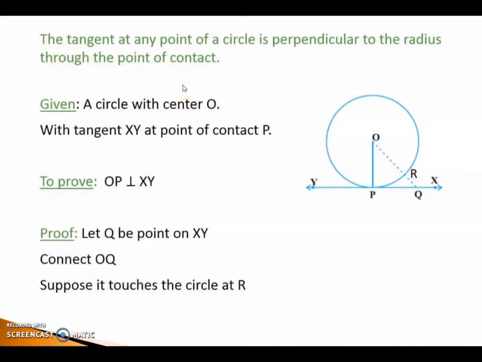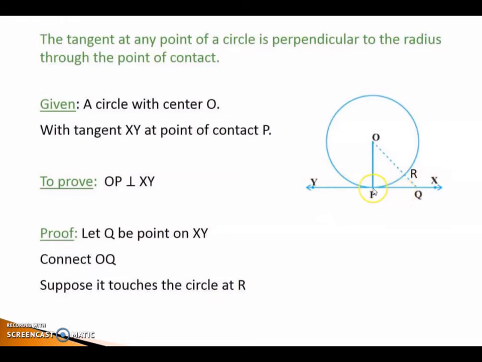This is your first theorem. The tangent at any point of a circle is perpendicular to the radius through the point of contact. That means a tangent, as you know, is a line that touches the circle at a single point. So this is a tangent of the circle. XY is the tangent.